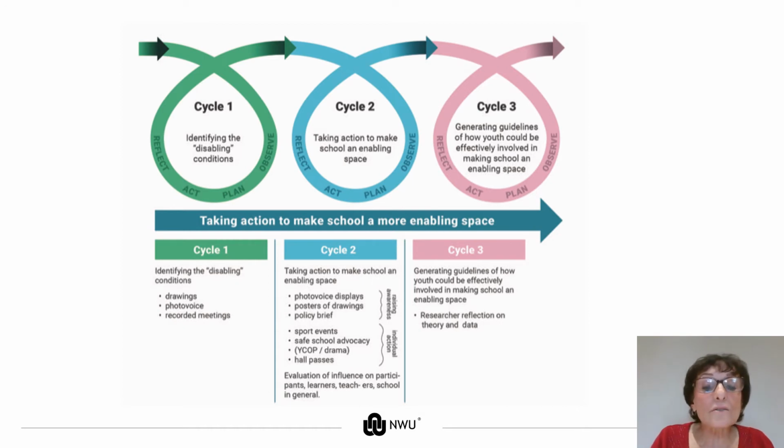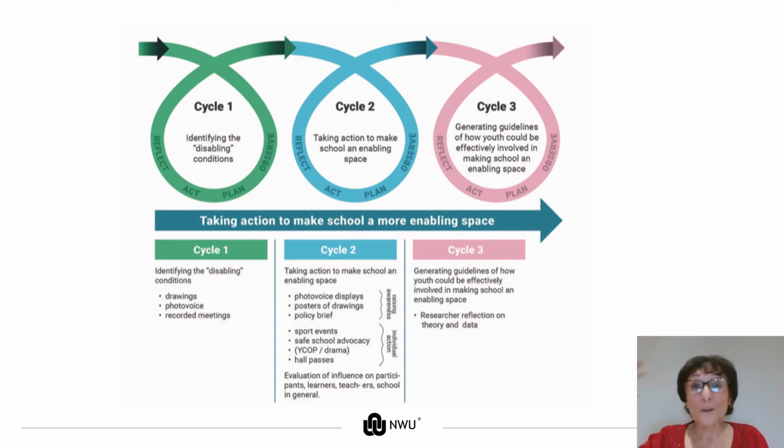As I say, they did it through photo voice displays, the posters of the drawings, they made a policy brief, they had a sports event, they did a drama, they did some safe school advocacy, they created a system of hall passes, and so on. These are just some of the actions they took, and they evaluated the influence on the participants, on the learners, on the teachers, and on the school in general, on the policies in the school.